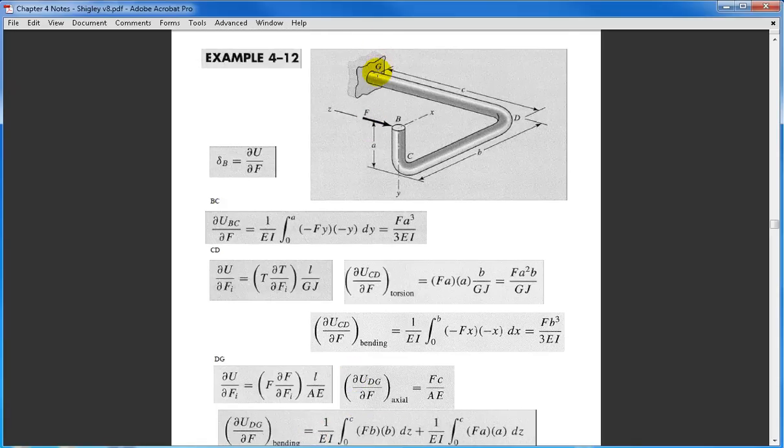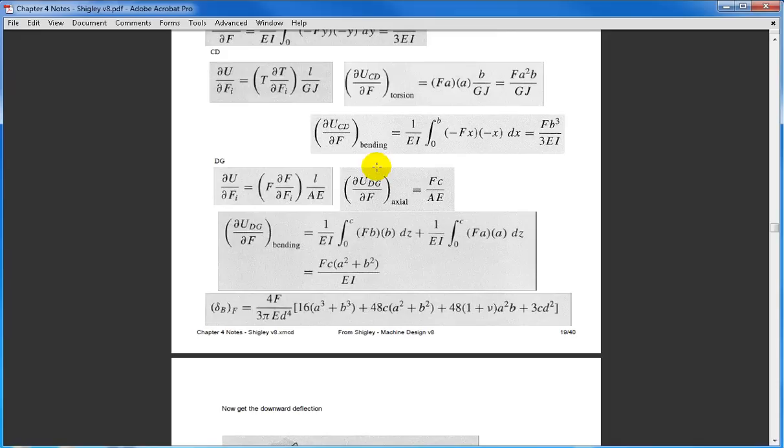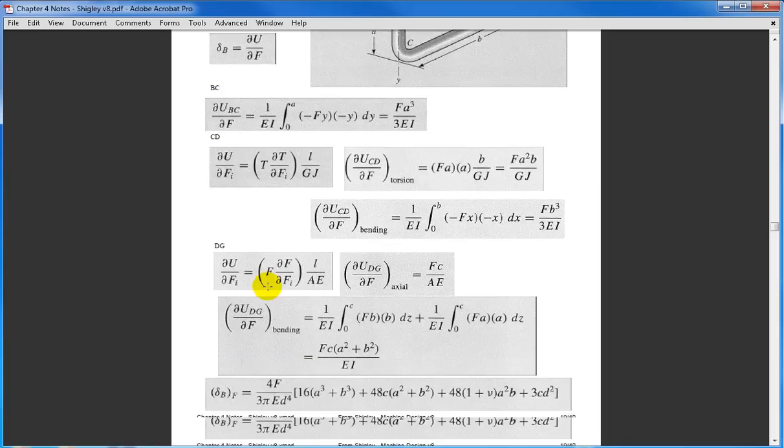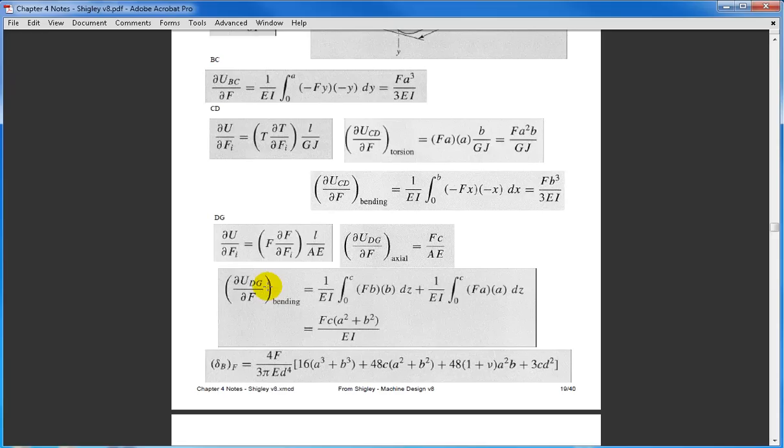Okay, the moment in this section, because of this load F, is actually a constant, and it is a constant moment F times A. And so, let's see. Actually, sorry, there are two pieces of bending. There's a bending outward, and then there's also a bending down. And presumably, are we going to deal with both of those bendings?